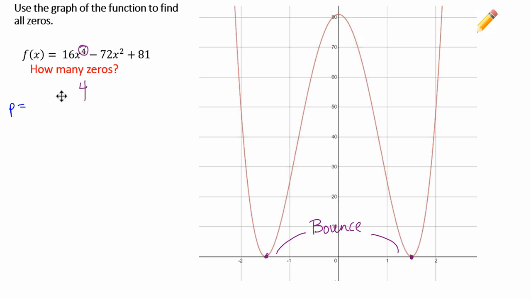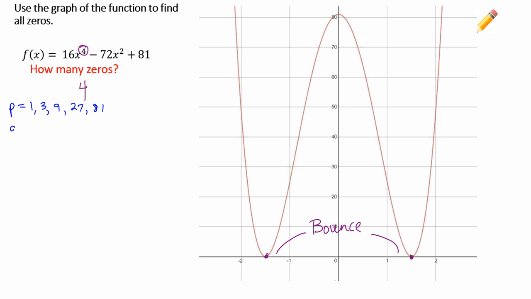So starting with p's, those are the factors of 81. Does 1 divide into it? Yes. 2, no. 3, yes. 4, 5, 6, 7, no. 8, no. 9, yes. 18, no. 27, yes, and then 81 as well.